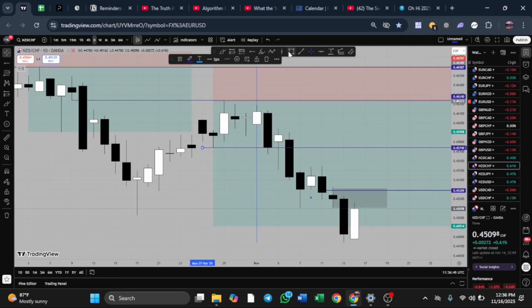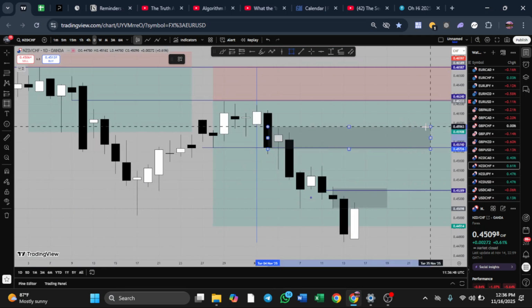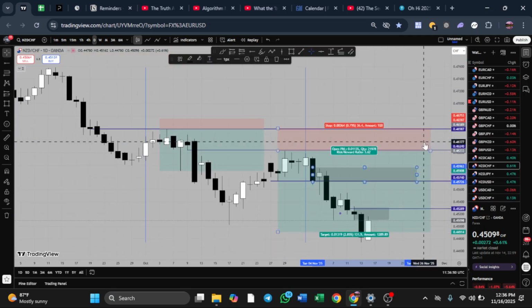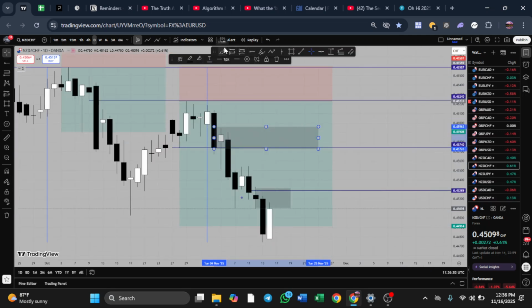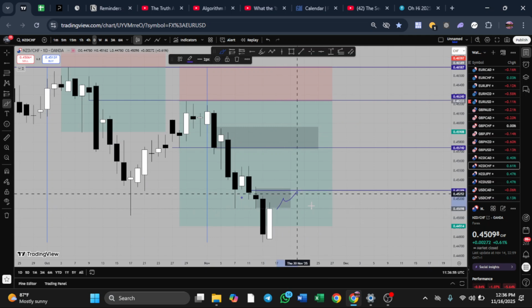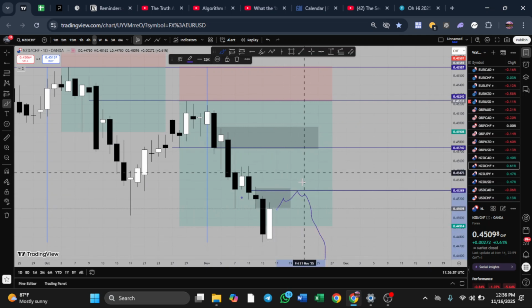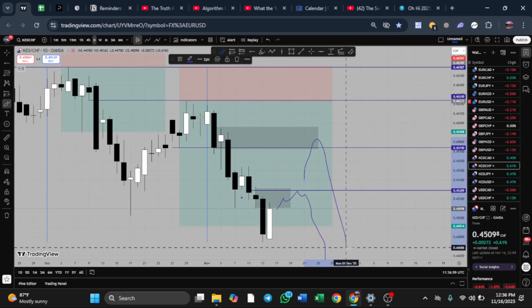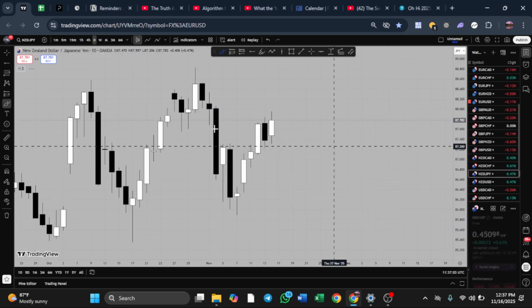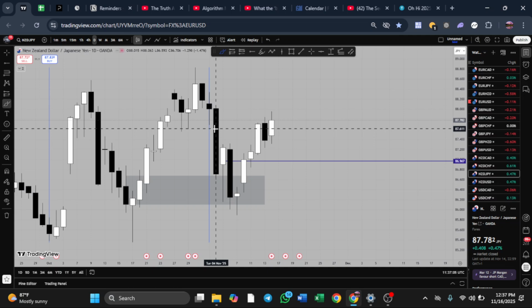Apart from that, this would be the only area I'll be looking for shorts if price heads up here. And this would be confirmation, while this would be a higher probability to short on NZD Swiss, any yen, based on yen weakness.